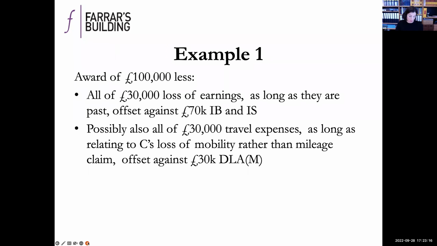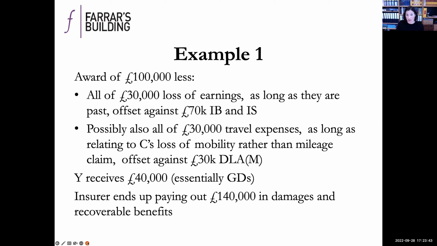Possibly also all of the 30,000 travel expenses, as long as it relates to a loss of mobility, that can possibly be offset as well. Assuming that's the case, then that's 60,000 offset against the claimant's award, and as always, the general damages is sacrosanct, so that can't be touched. So the claimant receives 40,000. The insurer ends up paying 40,000 to the claimant and 100,000 to the DWP.